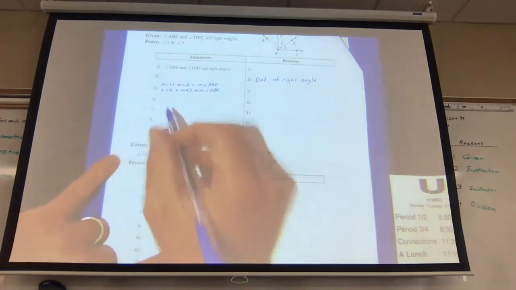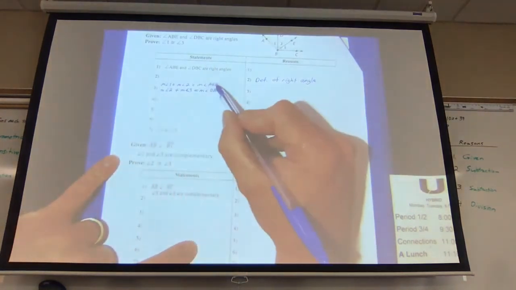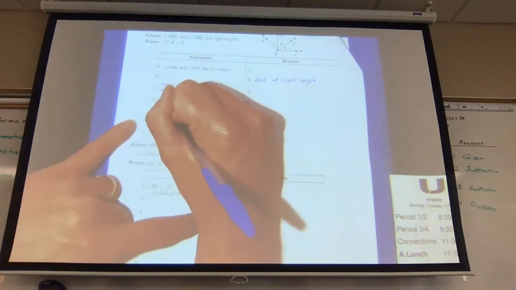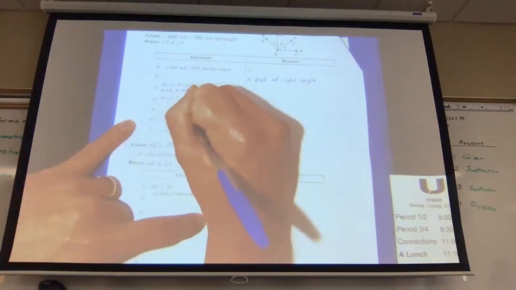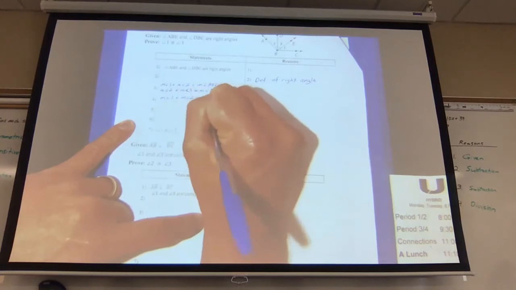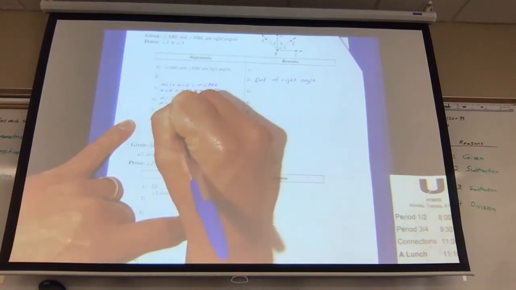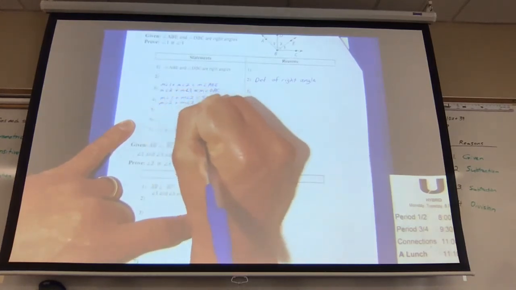And then step 4 is going to be almost the exact same thing. We're going to take these two and change them to 90s. So the measure of angle 1 plus the measure of angle 2 is going to equal 90. The measure of angle 2 plus the measure of angle 3 is going to equal 90.